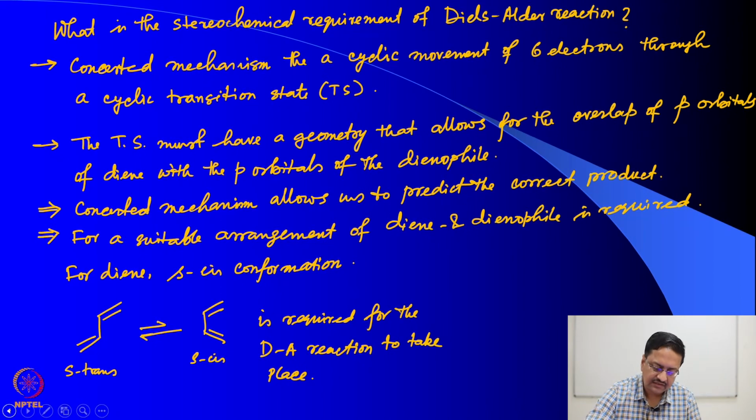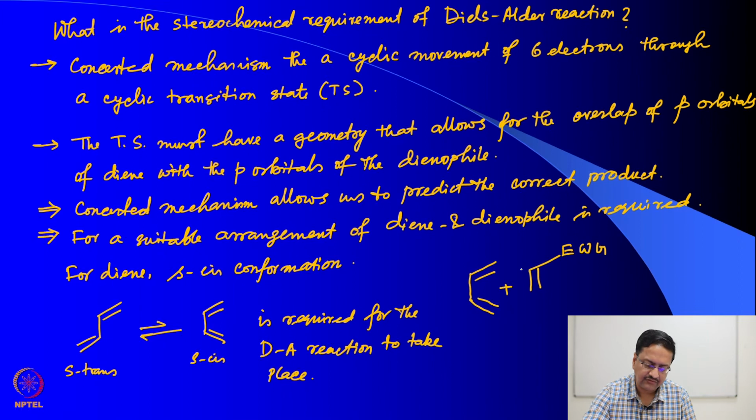So, as I indicated in the previous slide, when this s-cis conformation reacts with the alkene or the dienophile, the transition state that appears looks like this.